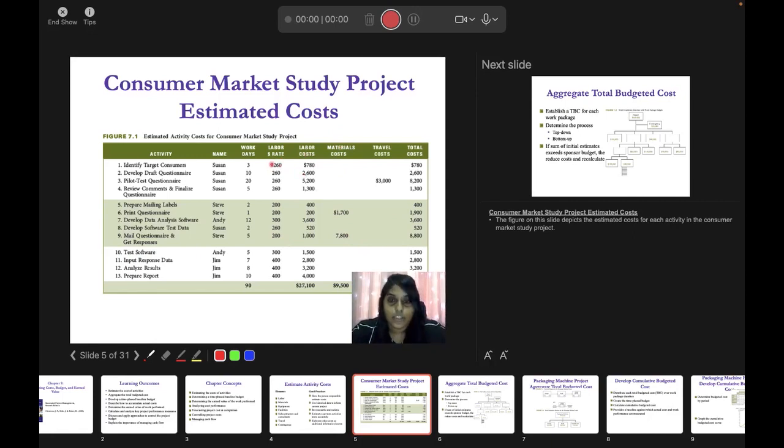I don't need 260, I'm okay with 240. Then your actual cost will change to 240, but that is all in the actual cost. In the estimated cost, you are going to remain a bit of an extra amount.